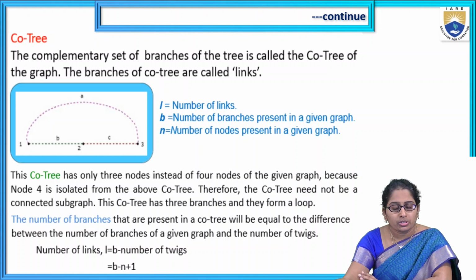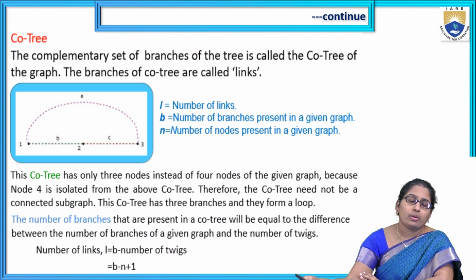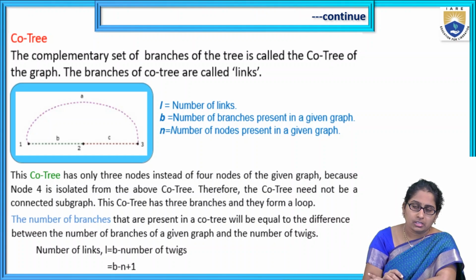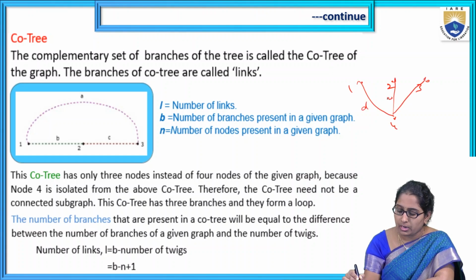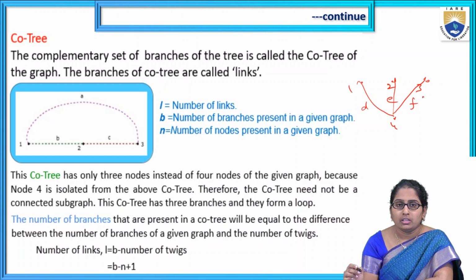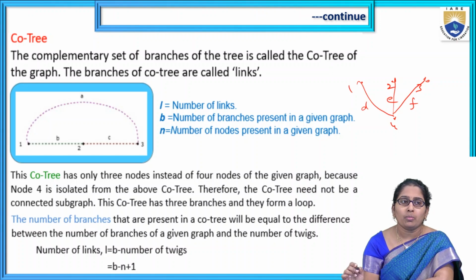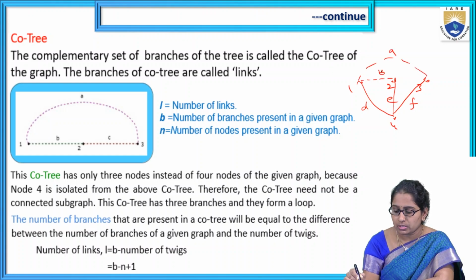What is a co-tree? Previously, we have taken this tree with branches D, E, F. And now the co-tree is given by the complementary set. So what is the complementary set? Branch A, branch B, branch C.